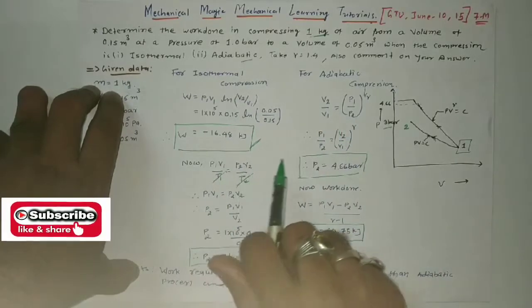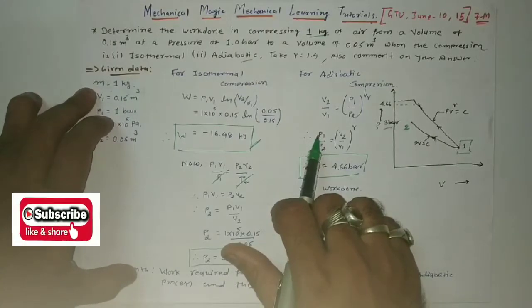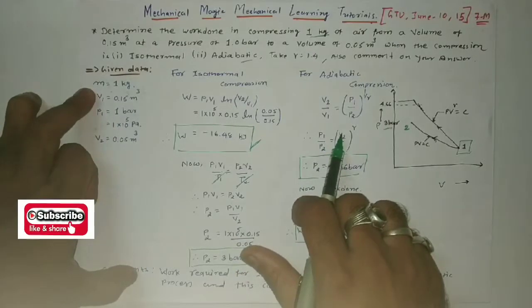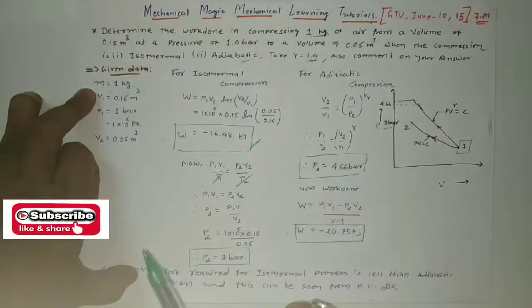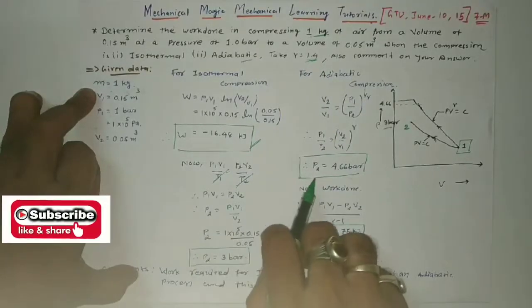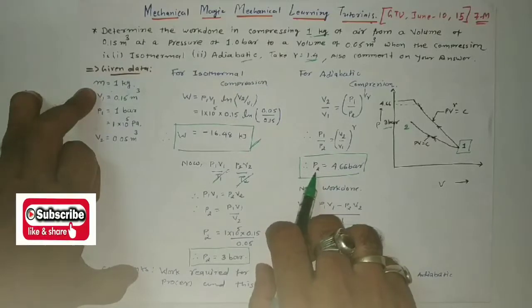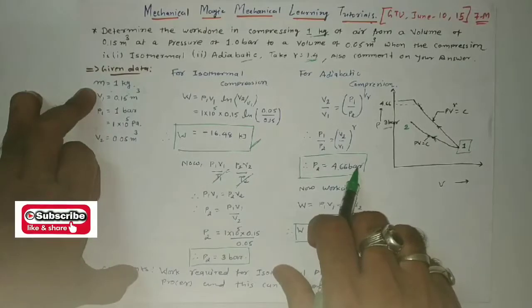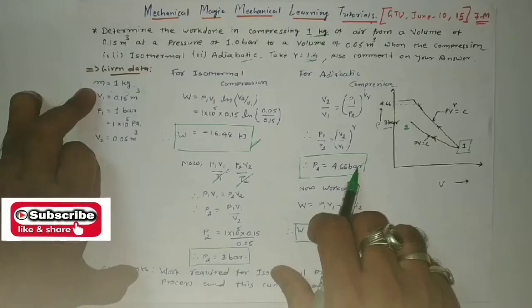So just put the value of P1, that is 1 into 10 raised to 5, V1 and V2, and also gamma that is 1.4. So you will get the answer of P2 for adiabatic compression process, and that will be 4.66 bar pressure. So that will be higher than the constant temperature process or the isothermal process.